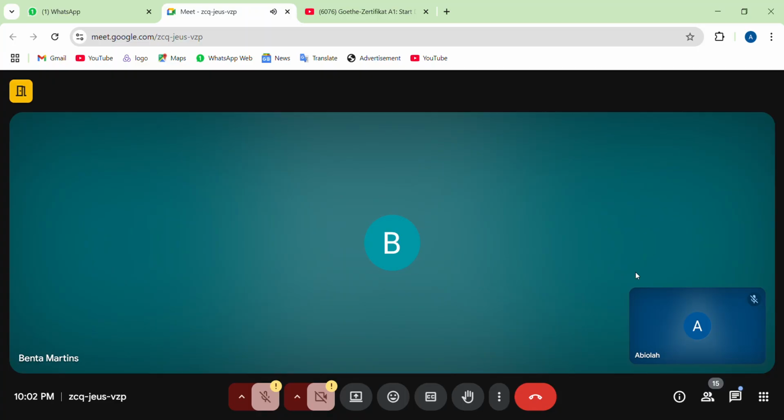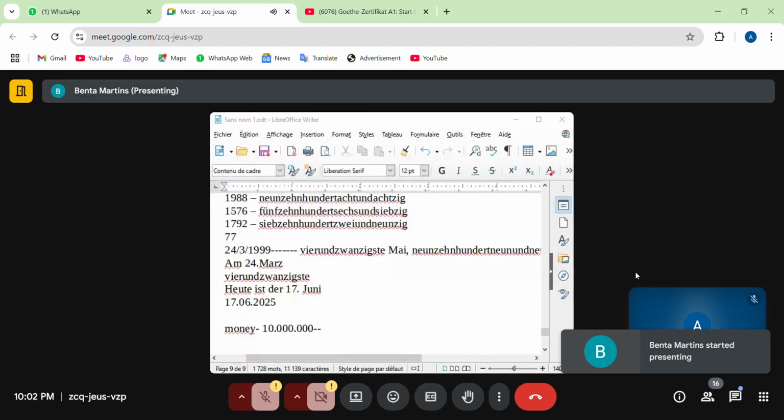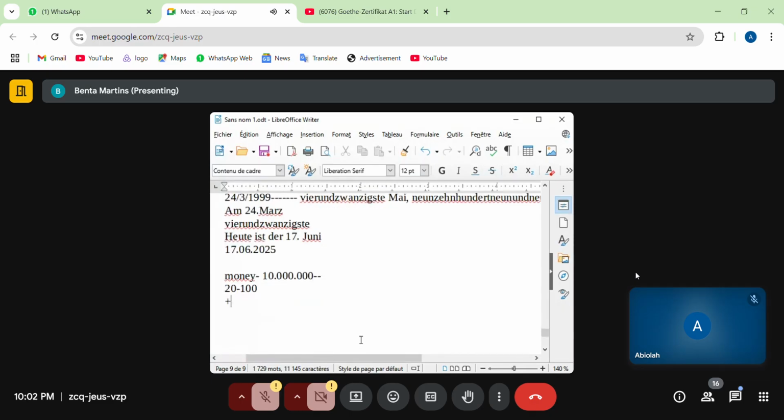Okay. So let me type here. So in this case, the rules we said from 20 to 100 onwards. So you had STE, but since you have the dative you are going to add N at the end of the number.